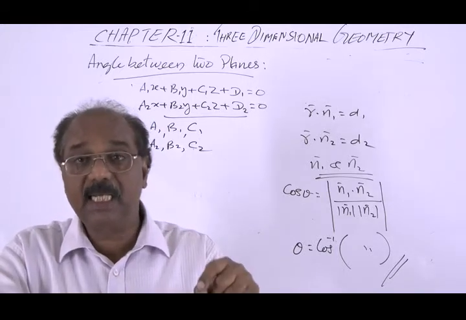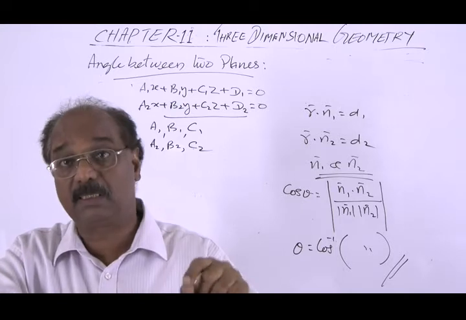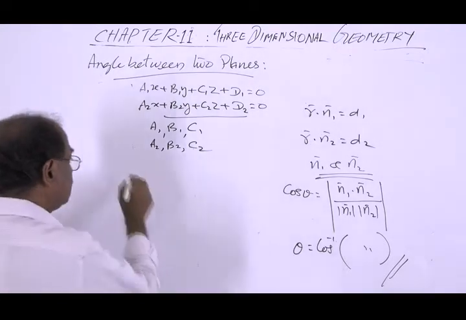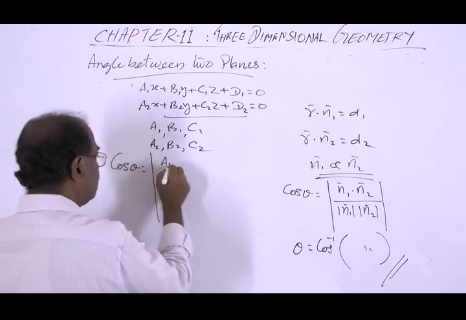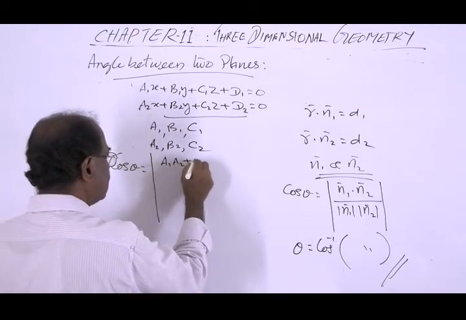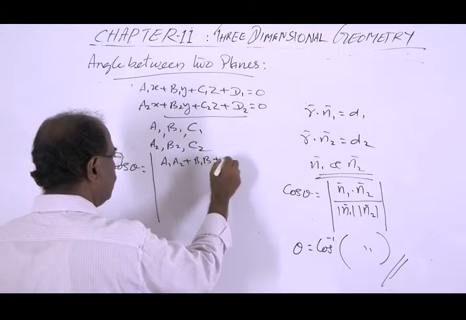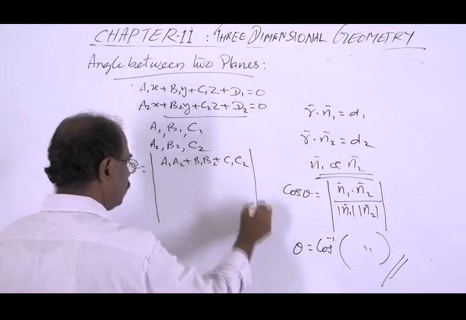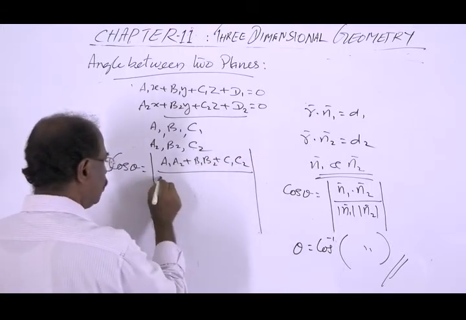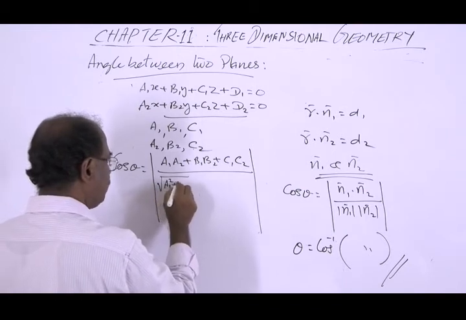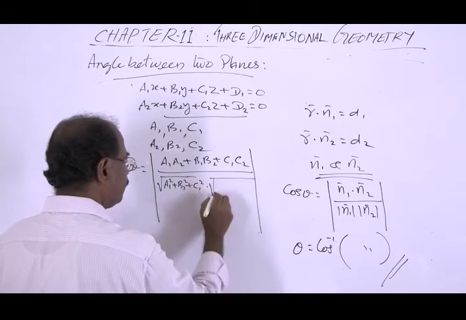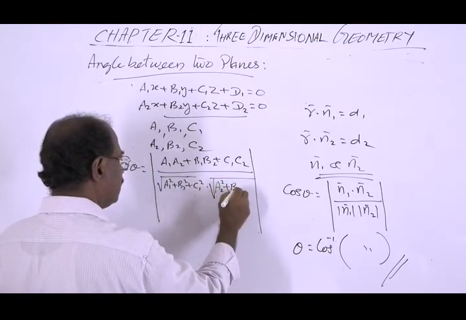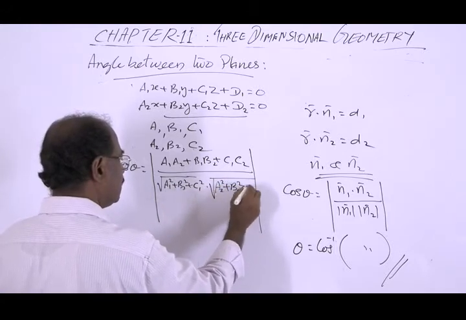Hence, if theta is the angle between the normals, then cos theta is equal to modulus of a1 a2 plus b1 b2 plus c1 c2 divided by root of a1 squared plus b1 squared plus c1 squared into root of a2 squared plus b2 squared plus c2 squared.